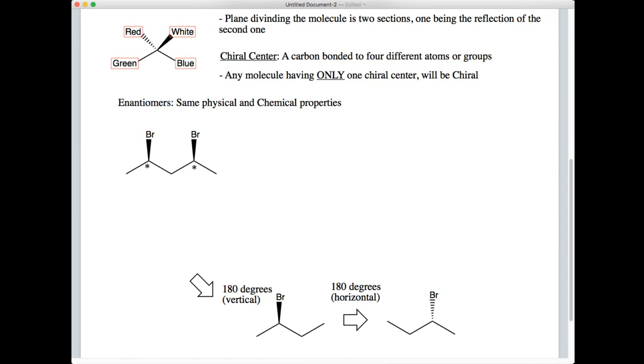So there is a plane of symmetry right here. So this plane right here, right, divides the molecules in 2 sections, one being the reflection of the second section. So there is a plane of symmetry. Therefore, the molecule is achiral.